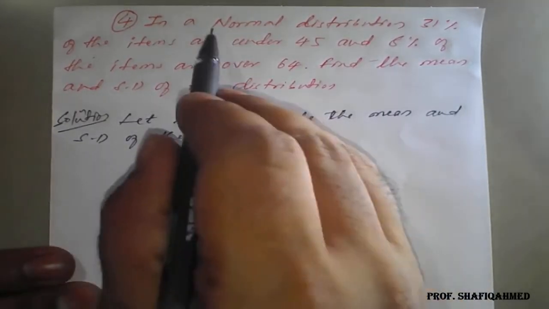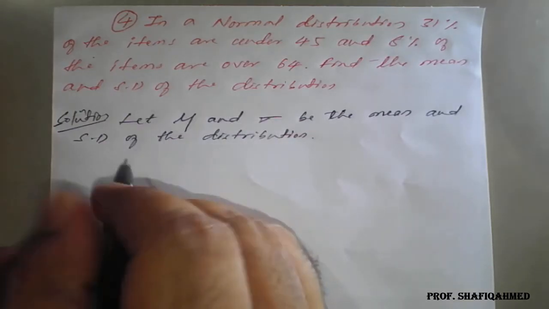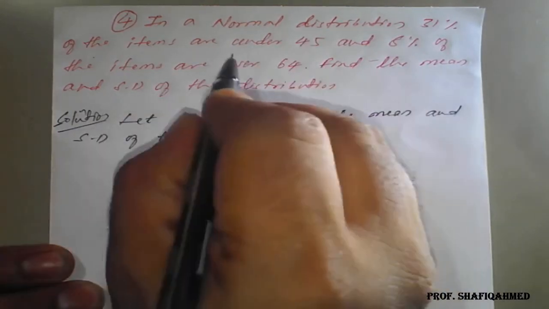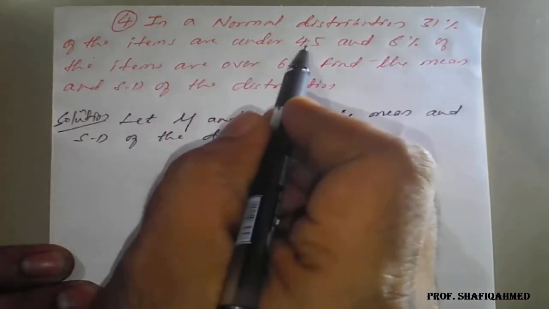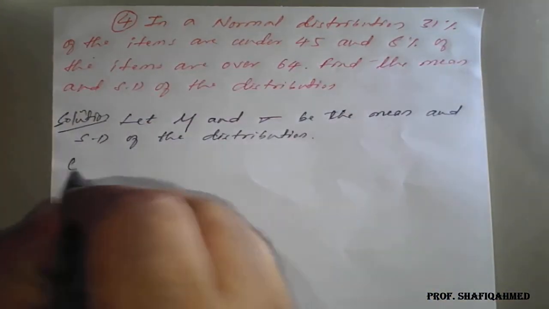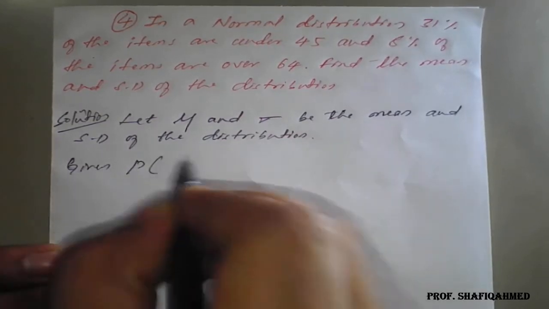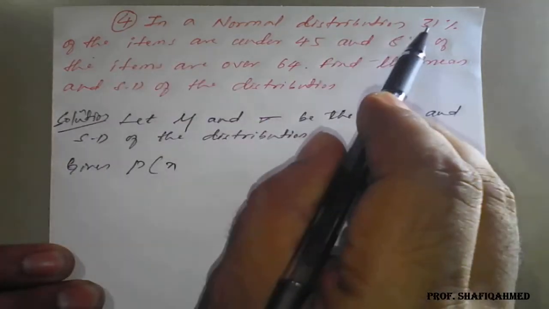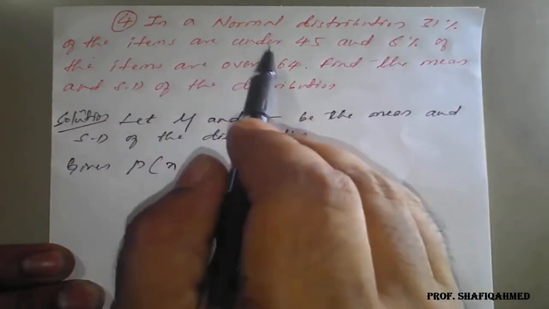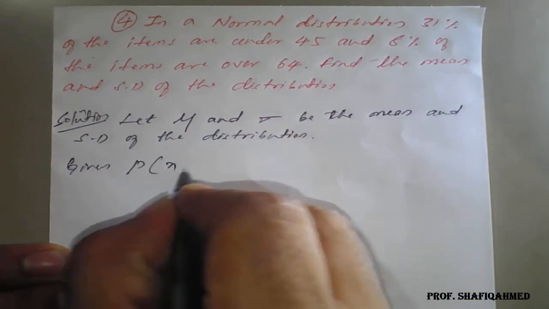Now in the normal distribution, to get this, we need to first see the given data. They have said that 31% of items are under 45, meaning P(x < 45).